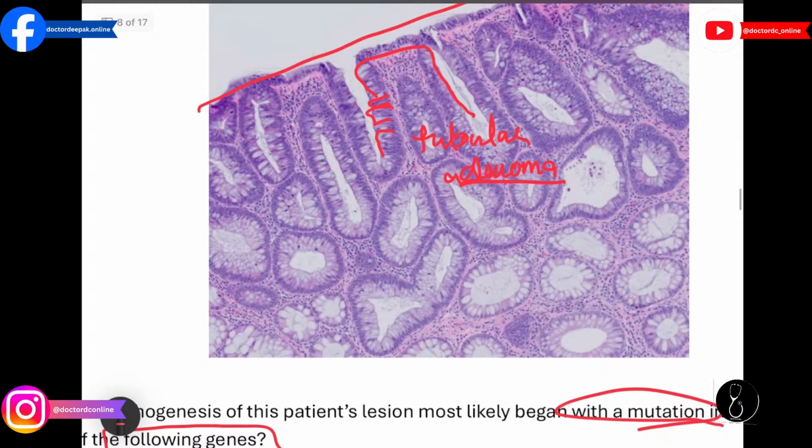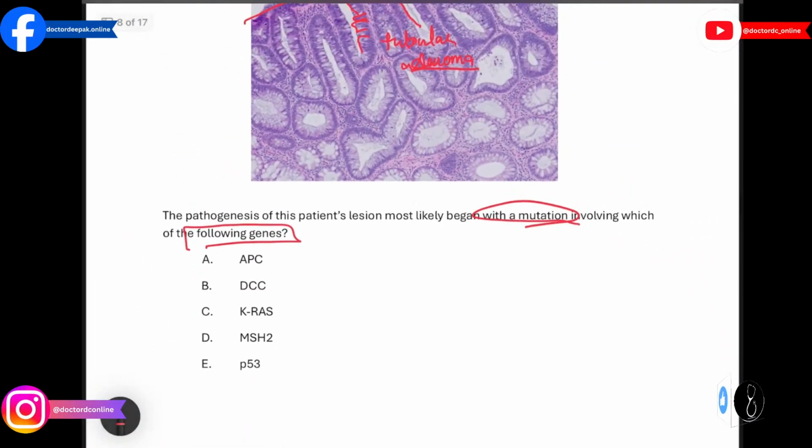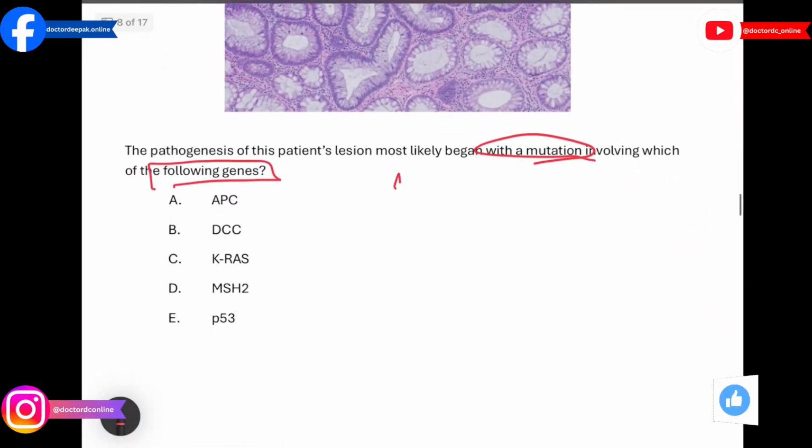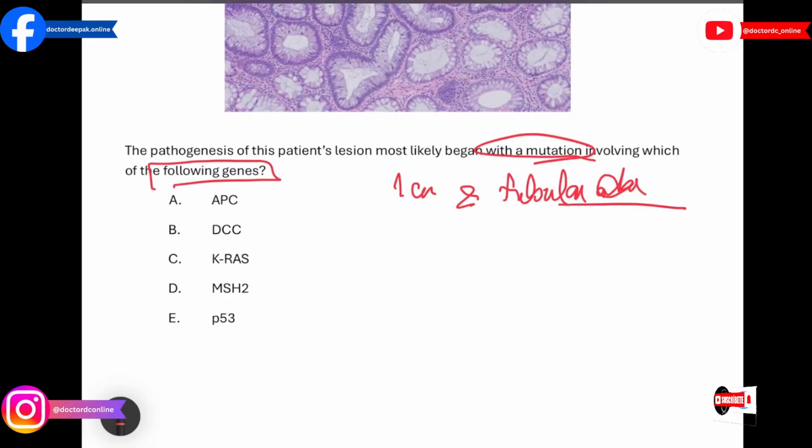We have these two factors: size 1 centimeter and tubular adenoma. Fine? So the most responsible gene, since sporadic colorectal carcinoma arises with the classic adenoma-carcinoma sequence, is the APC tumor suppressor gene.